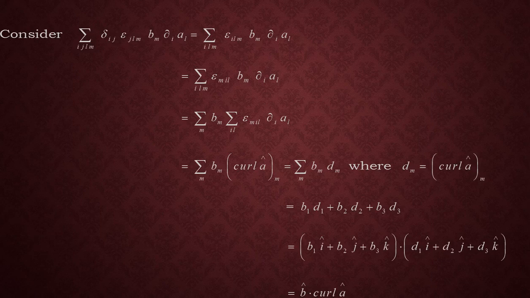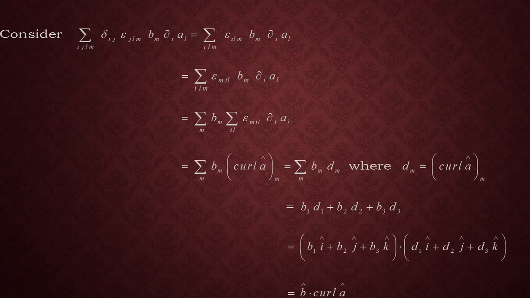Here we contract this delta ij. That means we expand this summation by taking j equal to 1, j equal to 2, j equal to 3. After expanding sigma over j, we are left with only 3 indices i, l, m.